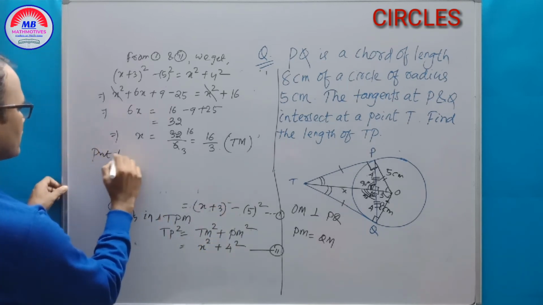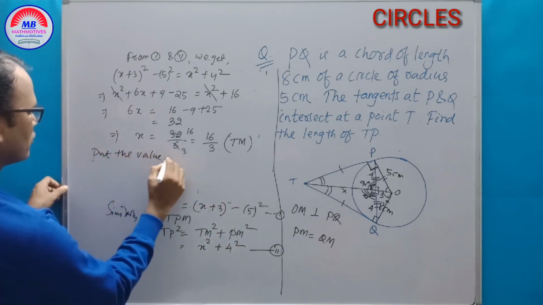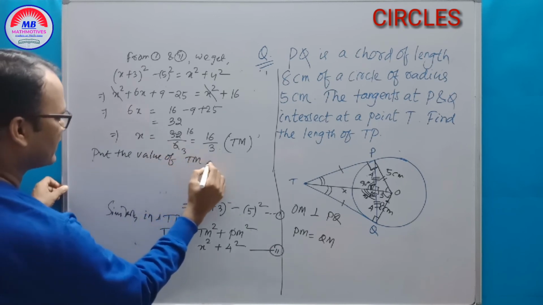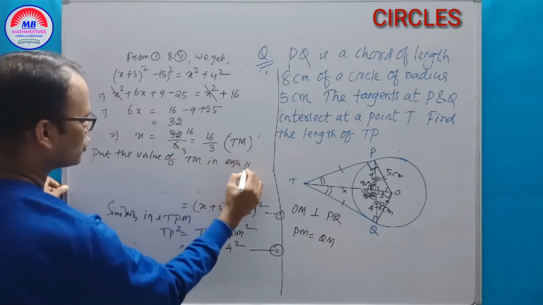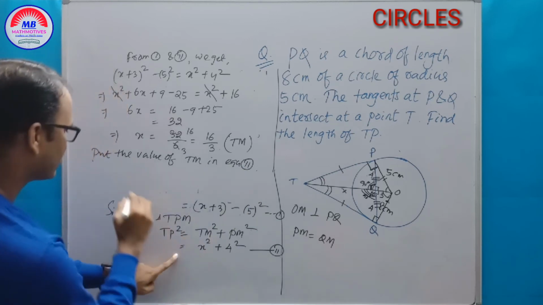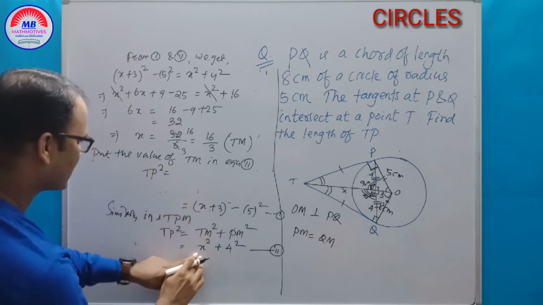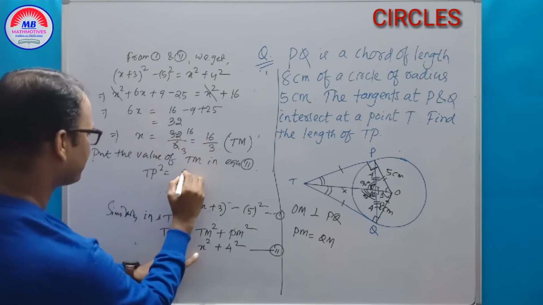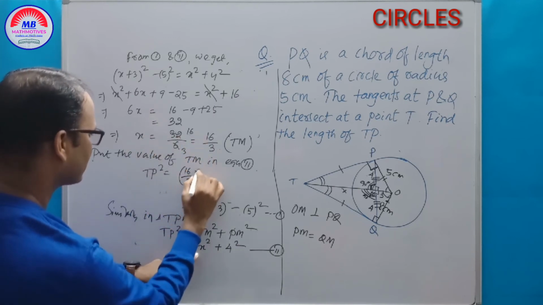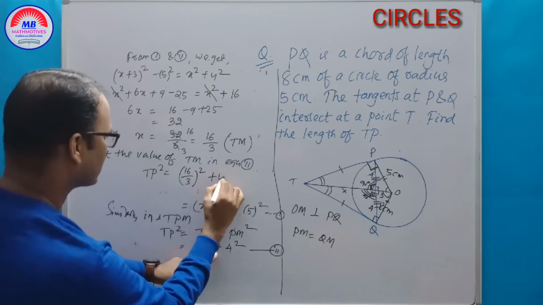Put the value of TM in equation 2. Equation 2 is TP square equal to x square plus 4 square, x is 16 by 3 square plus 4 square.